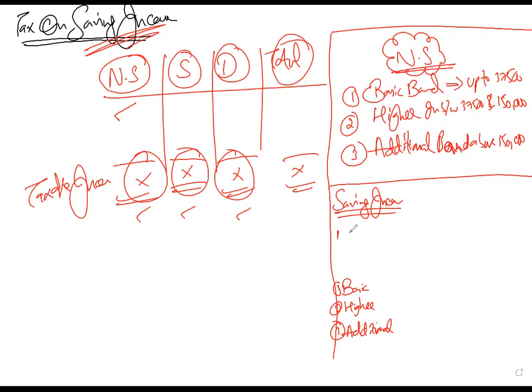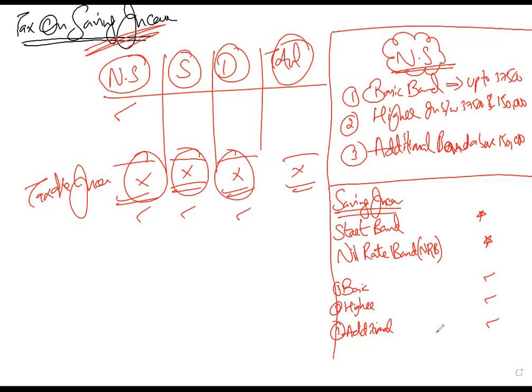the start band, and the second one will be the nil rate band. The short form of nil rate band is NRB. So these two bands, start band and NRB, are in addition to what we learned in non-savings.